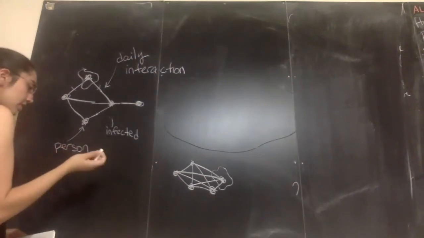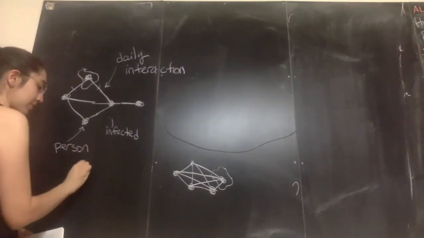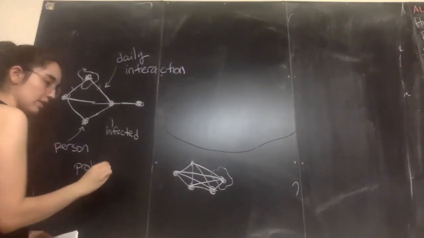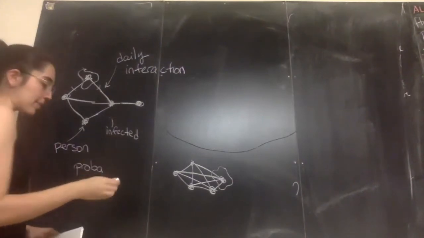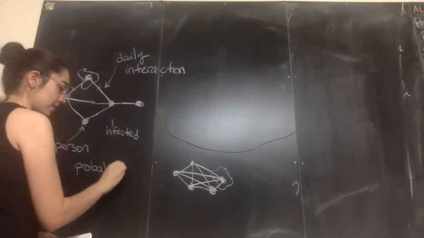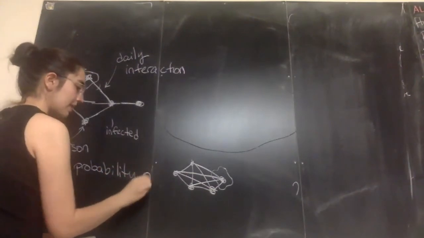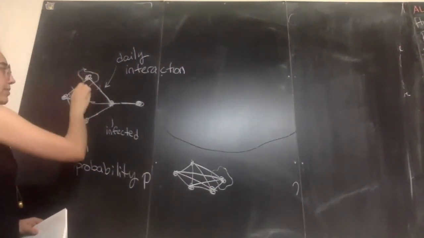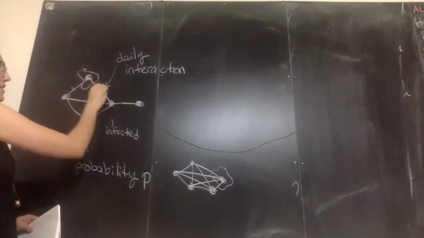So to simplify the problem, we're saying there's a probability P that the disease spreads from one node to each of its neighbors.